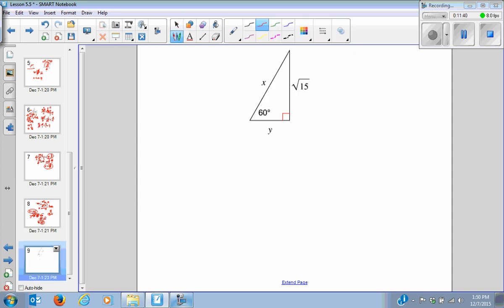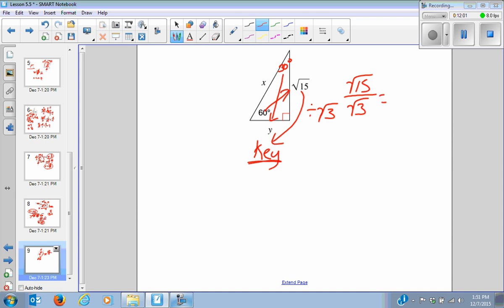In this one, they gave me the 60, which is not the key. This is my 30. Okay, that's my key. Remember, I always go back to this key first. So how do I get from here backwards? You have to divide by the square root of 3, which means I end up with the square root of 15 divided by the square root of 3.